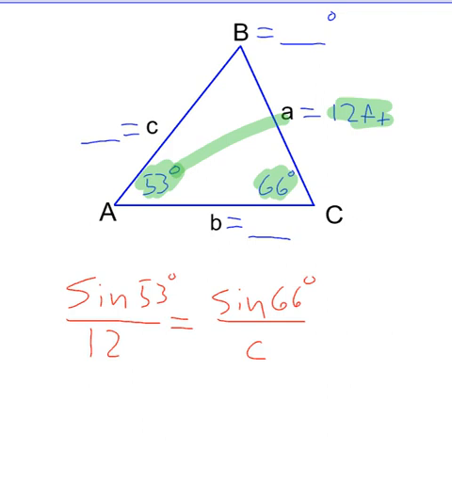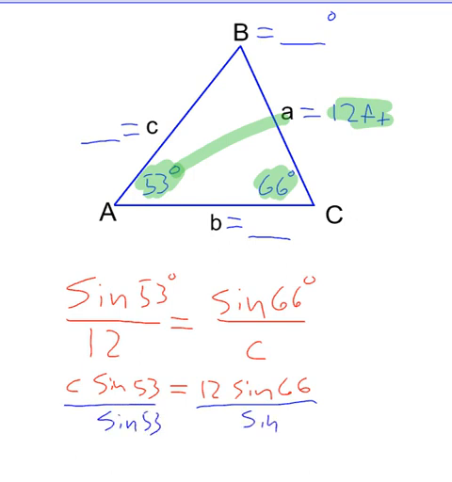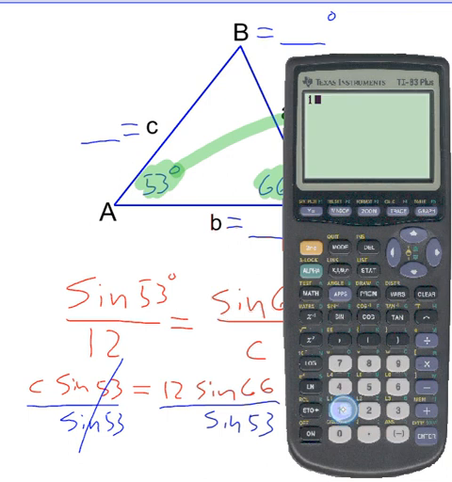Doing the algebra one here, we cross multiply and then simplify. I get C sine 53 equals 12 sine 66. Then I'll divide by sine of 53, and go to my calculator to get the length of C. So 12 times sine of 66, close parentheses, divide by sine of 53.